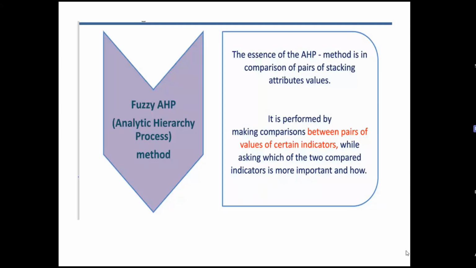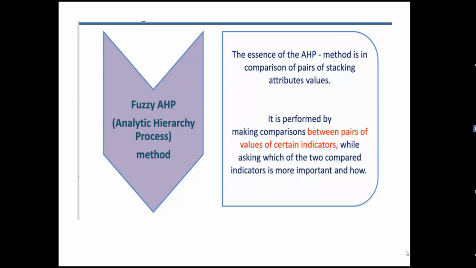The essence of the AHP method is in comparisons of pairs of attribute values. As we discussed, we perform pairwise comparison in which we have set criteria, and there is a comparison between two factors or criteria, and this is similar to what we perform in fuzzy AHP.